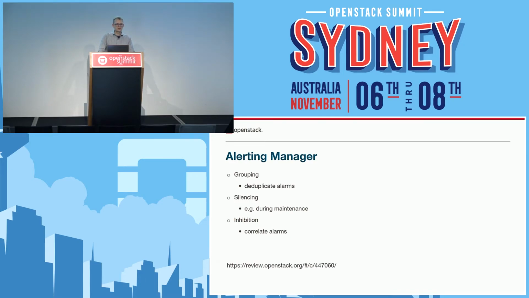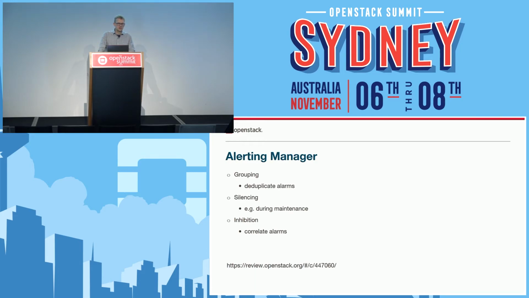The second functionality is silencing. It addresses the use case when, for example, due to a maintenance period, you know there will be some alarms, but you're not really interested. You know that these alarm definitions will launch, so you silence them.